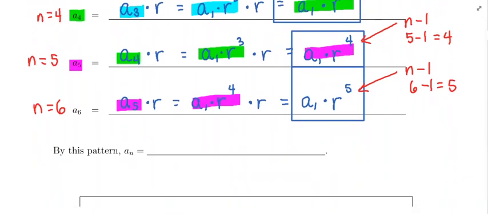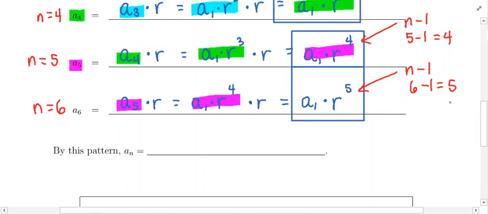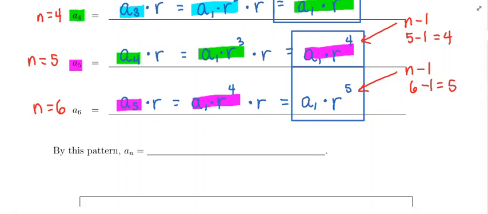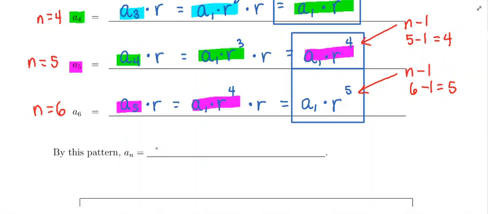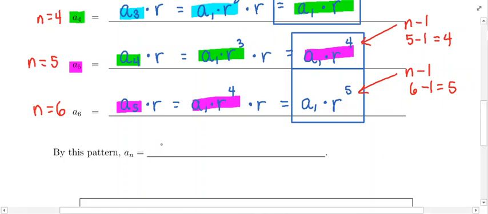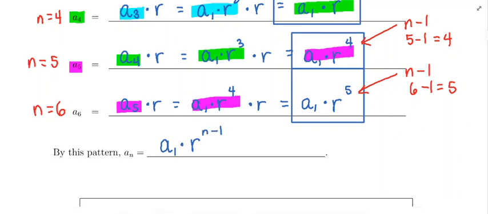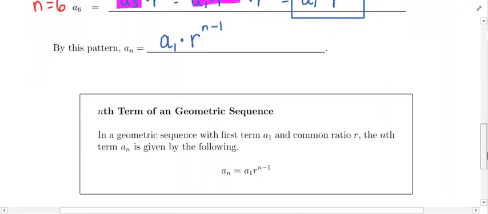So this is the formula we're going to end up using for the nth term of a geometric sequence. It is given by an, that's going to be equal to a1. You need to take the first term and multiply by a power of r. The power of r is n minus 1. This is summarized in the box below.